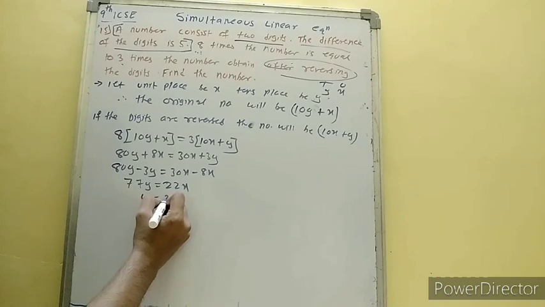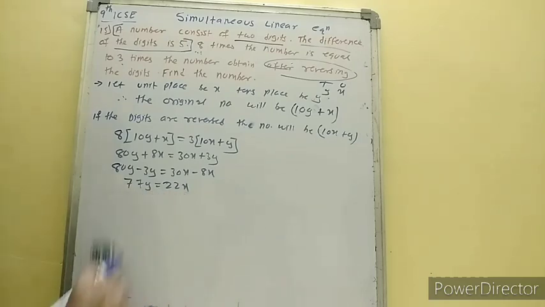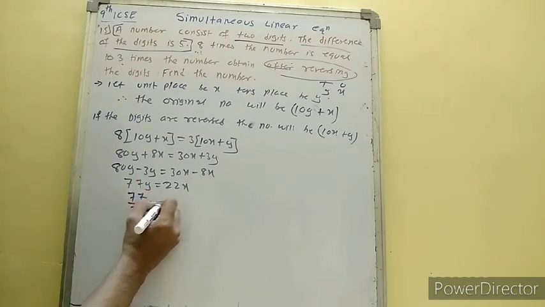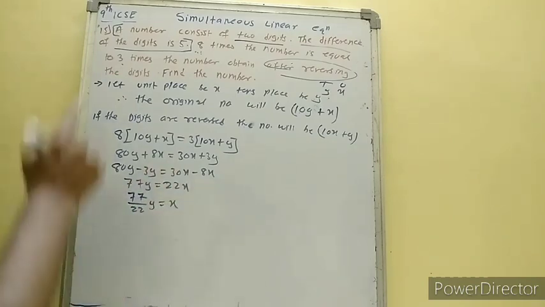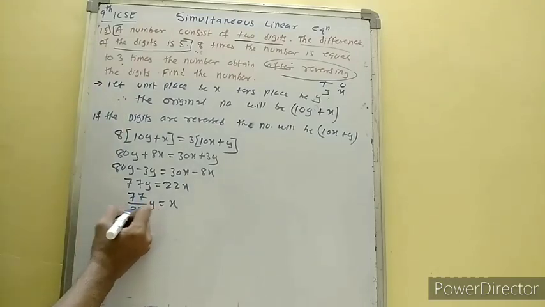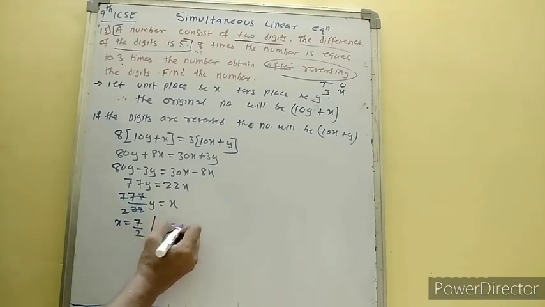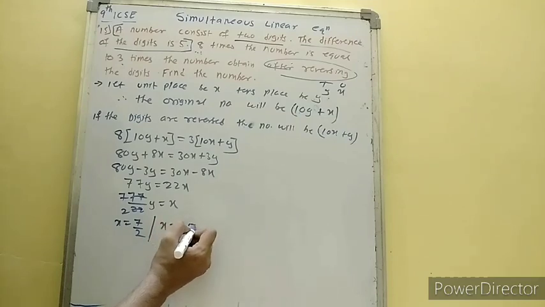So y is equal to 22x. I'll do one thing. 77 upon 22y is equal to x. I took 22 this side. So we have 11 2s and 11 7s are. So I can say that the value of x is 7 upon 2y. Or it can also be written as value of x is 3.5 into y.